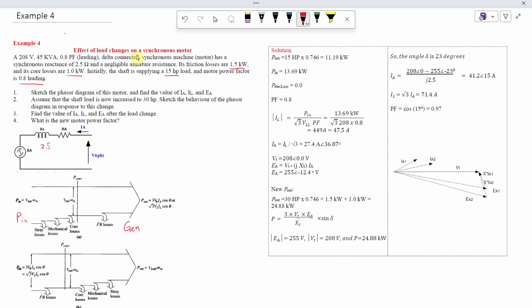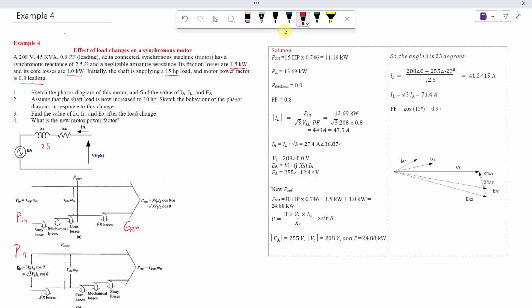In the previous slide the power and the current were going this way. Then after these losses you get P_out equals √3 V_L I_L cos θ, real power. We did this several times, but this time we are looking at a motor.